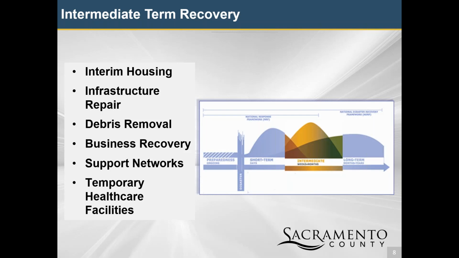Yes, we're doing this in the beginning in the short term, but it also is happening in the intermediate term as well. Business: support the re-establishment of businesses where appropriate and support the establishment of business recovery one-stop centers. Emotional and psychological: we're still engaging at this point, because in engaged support networks, there's always ongoing care.